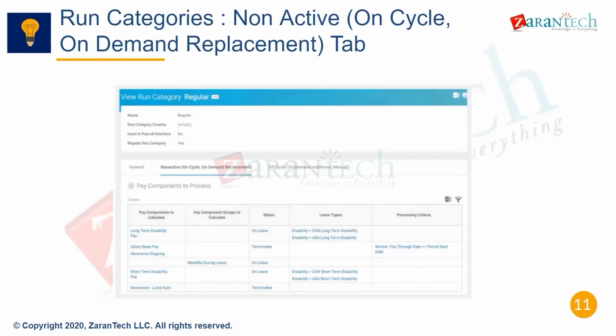And if you remember when we spoke about it, there is a checkbox on my leave definition, which tells payroll if an employee is put on this leave, is this leave considered a paid leave or a non-paid leave? That checkbox is called payroll effect.